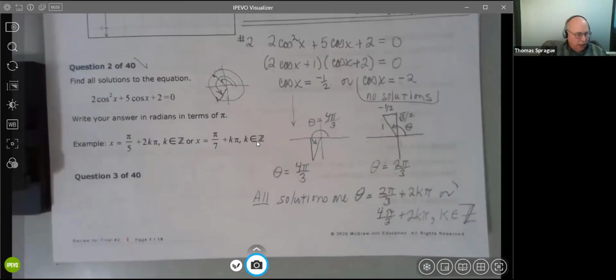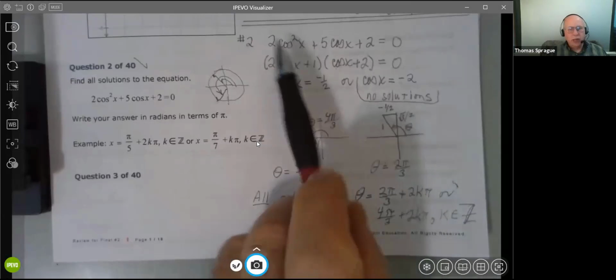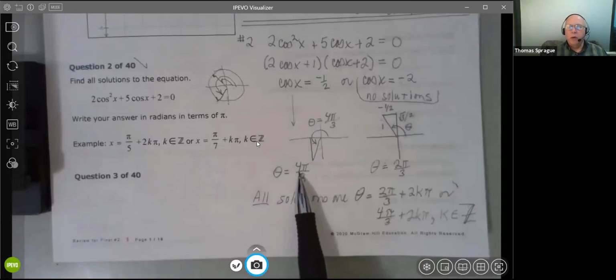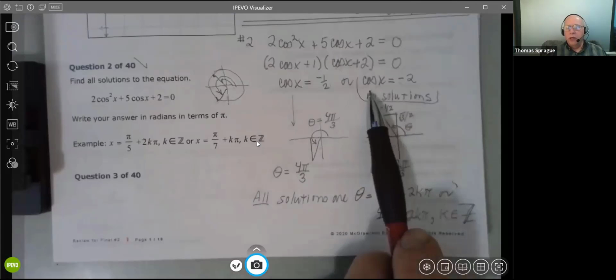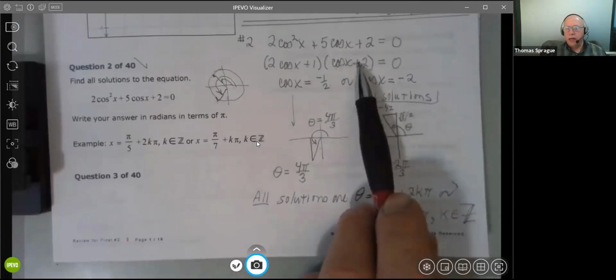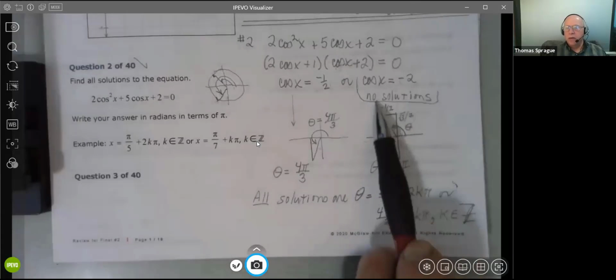Now, potentially, when you have an equation like this, you could get up to 4 of these solutions on the interval from 0 to 2 pi. But the reason we didn't in this case is this one factor cannot be equal to 0. So we didn't get any solutions from that.